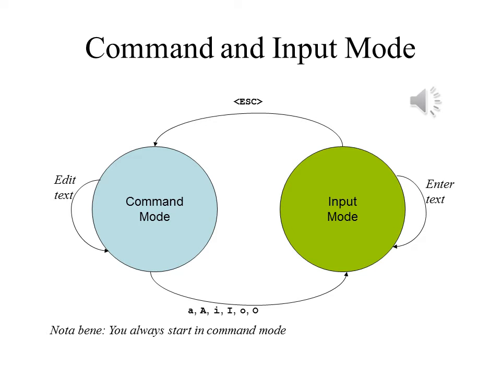There are 6 different alternatives if you're looking to go into input mode. These are A, either lowercase or capital, I, lowercase or capital, O, lowercase or capital. The lowercase commands will basically pick up exactly where the cursor is. The capital letter commands are looking to begin work on a line.